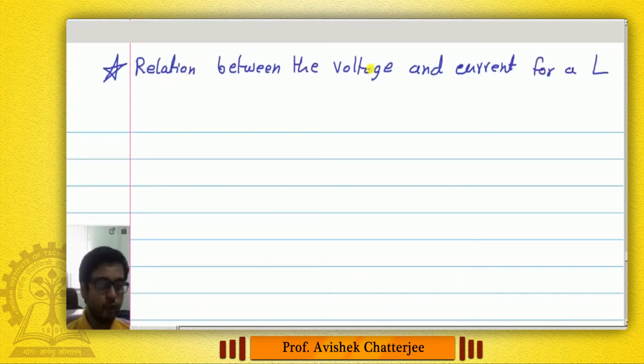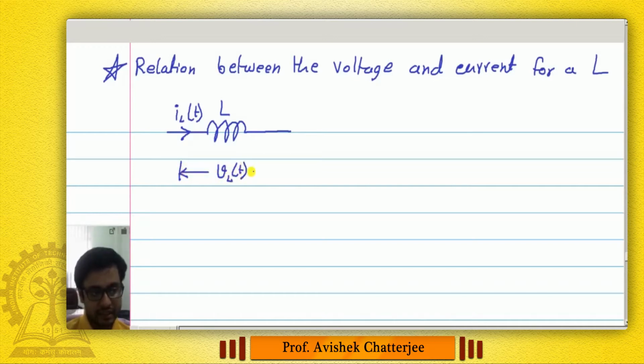Okay, that's great. Next, relation between the voltage and current for an inductor L. Okay, suppose you have an inductor with value L and the current through it is iL(t) from left to right and the voltage across it is vL(t) with left side positive, right side negative.